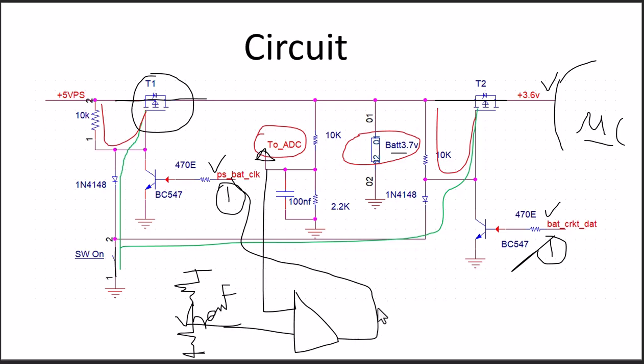So it will continuously monitor the battery and switch T1 on and off for the charging purpose. Or we can use the microcontroller to read this battery voltage from this divider network and make T1 on or off. We can also have another switch which can bring this soft off as well.